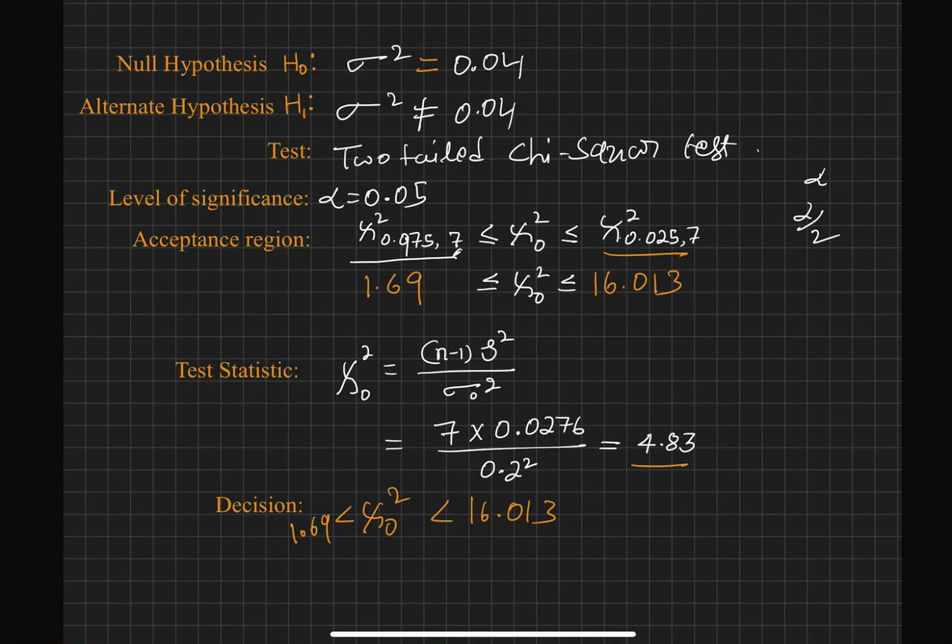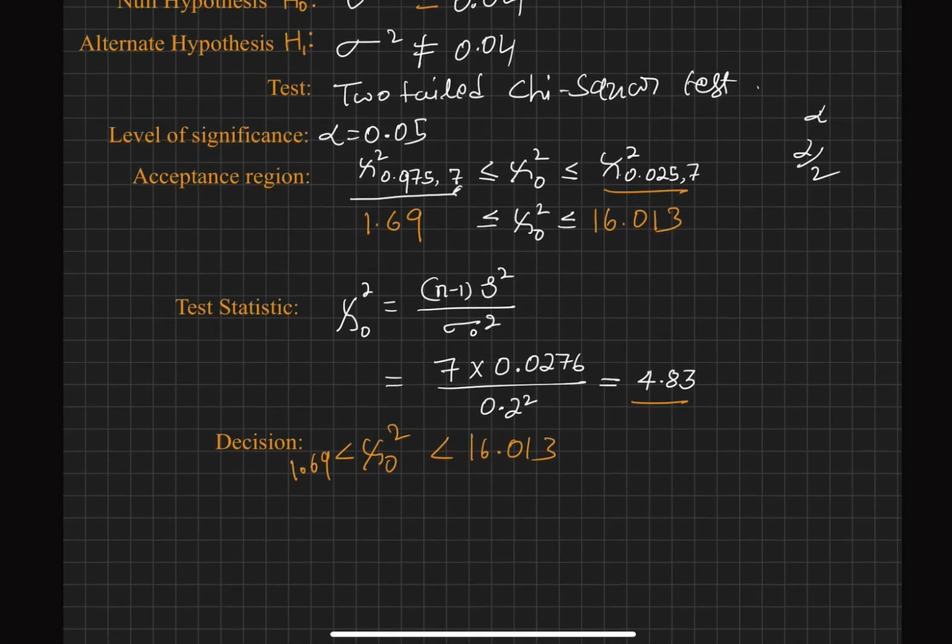That means the chi-naught square value is in the acceptance region, so we cannot reject the null hypothesis. That means, from the given data we cannot conclude that the maker's claim is wrong.